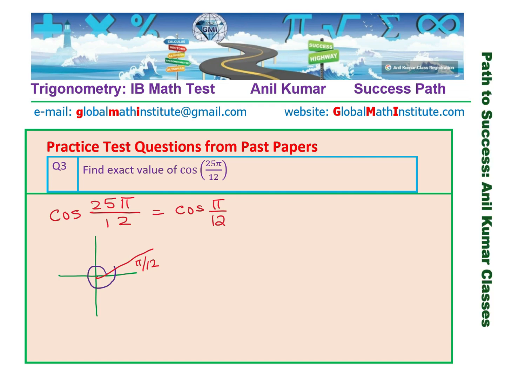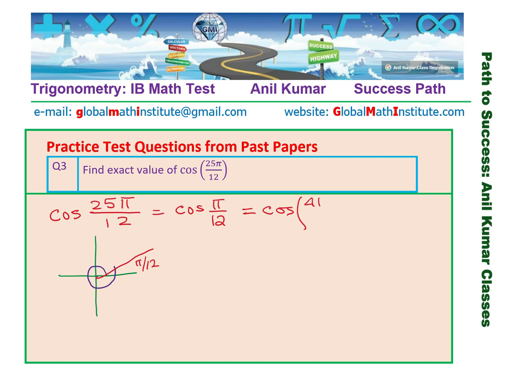So you could use that at this stage, or you could use the compound angle formula, correct? So both ways you could actually solve this. So depending on what is better for you, just do it. So let me just do it using the compound angle formula now. So cos of pi by 12, let me show you how we simplify it, right? Pi is 1 pi, we can do 4 minus 3, right?